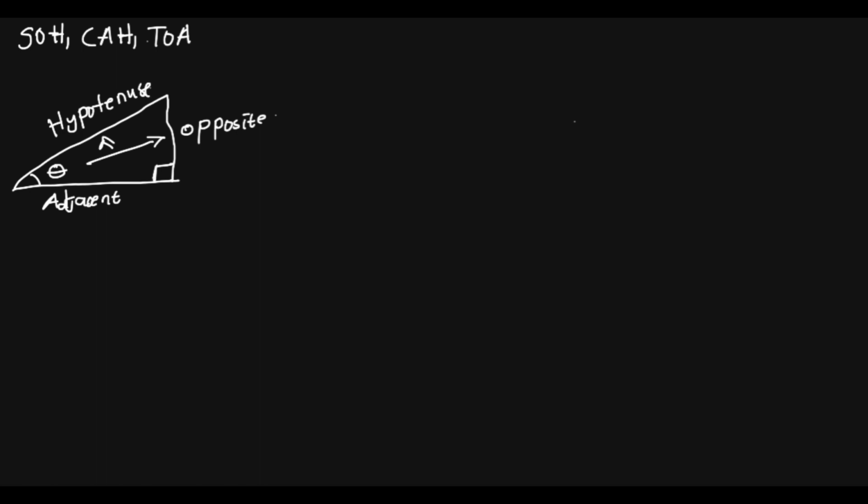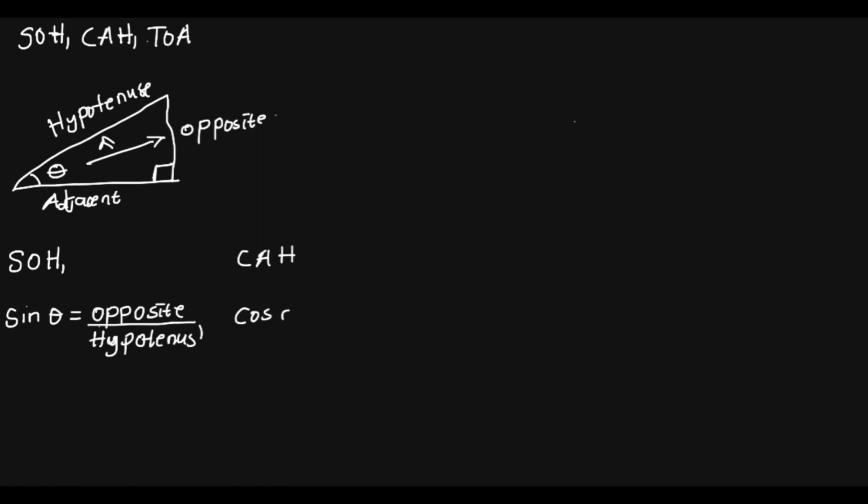Now, let's look at these three trig ratios. The first one is SOH. S represents the sine. So sine theta is equal to opposite divided by hypotenuse. Then the second one, we have CAH.